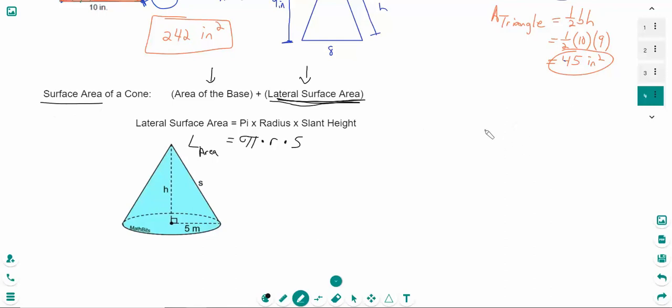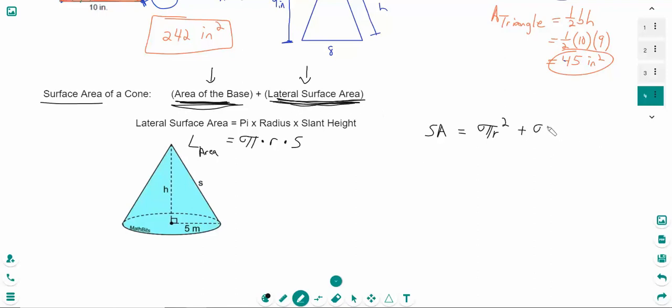Well, the formula then is going to be surface area equal to the area of the base, which, because it's circular, right, what's the area of a circle? It's going to be pi r squared. So that's our base, the area of the base, pi r squared. That's this one, right here. Okay, and we have to add that to the lateral surface area.